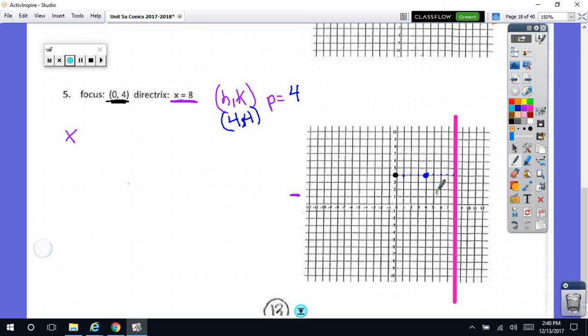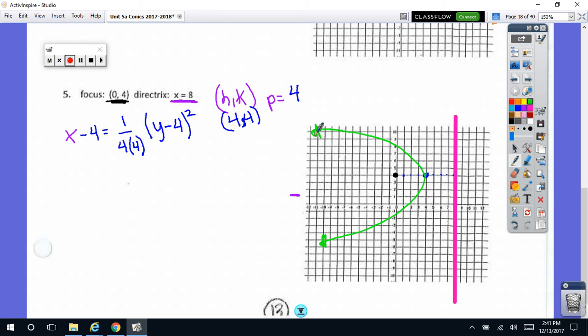Again, it is an x directrix, which means our x goes first. So x minus our h, 1/4 times our p-value, y minus our k squared. Okay, and I'm sure some of you are yelling right now. It is a negative because our parabola has to open this way.